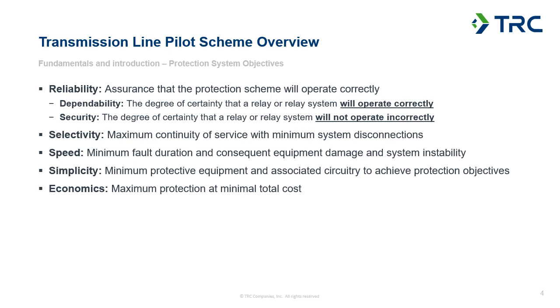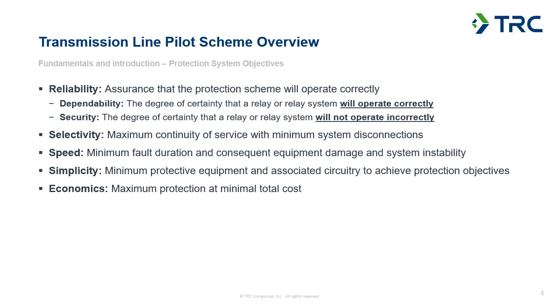Selectivity, making sure we're operating for the appropriate faults, that we're really minimizing the impact of the service disconnection. Speed, so we want to operate as fast as possible, and that's one of the big benefits of pilot schemes, is you do get an increased operate speed of your scheme.